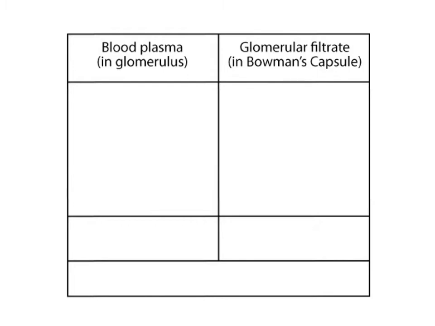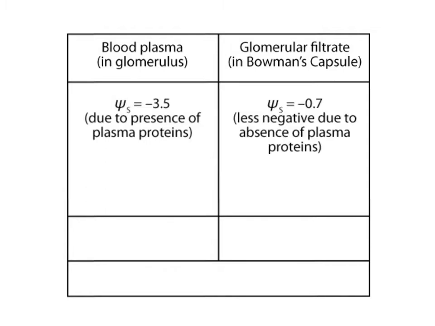So if we look at blood plasma, it has a lot of solutes present, so it actually has quite a negative psi-s. When you compare that to the Bowman's capsule, there are fewer proteins in it. The big plasma proteins cannot get through because they're too large, so it's less negative.